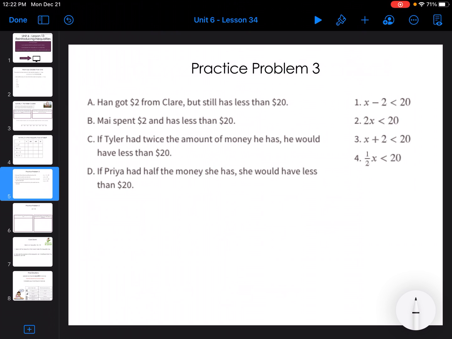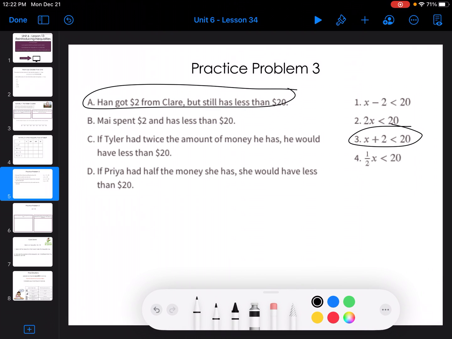All right. So now they want to know which equations match which story. So Han got $2 from Claire, but still has less than $20. So Han got $2 from Claire, so he got it. So he's adding. So that means A and 3 go together. Mai spent $2 and had less than $20.